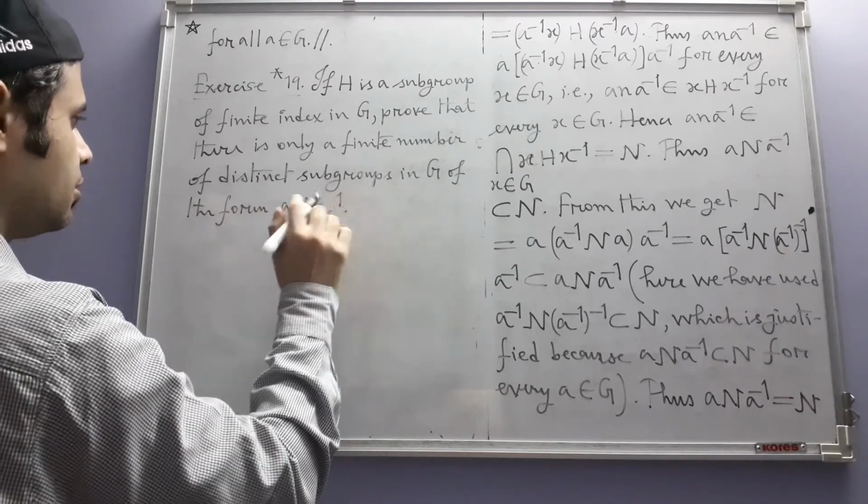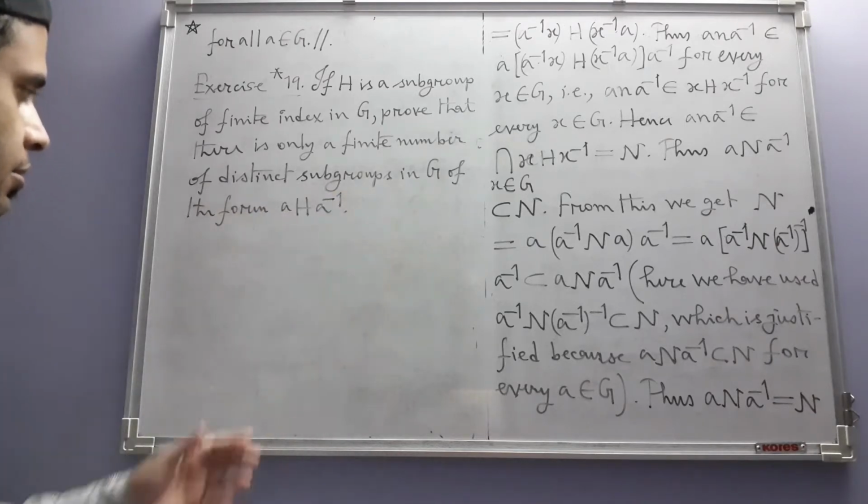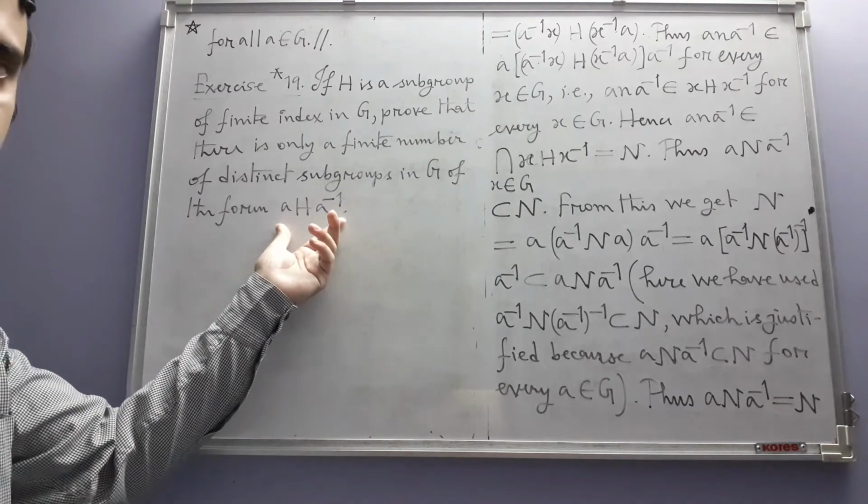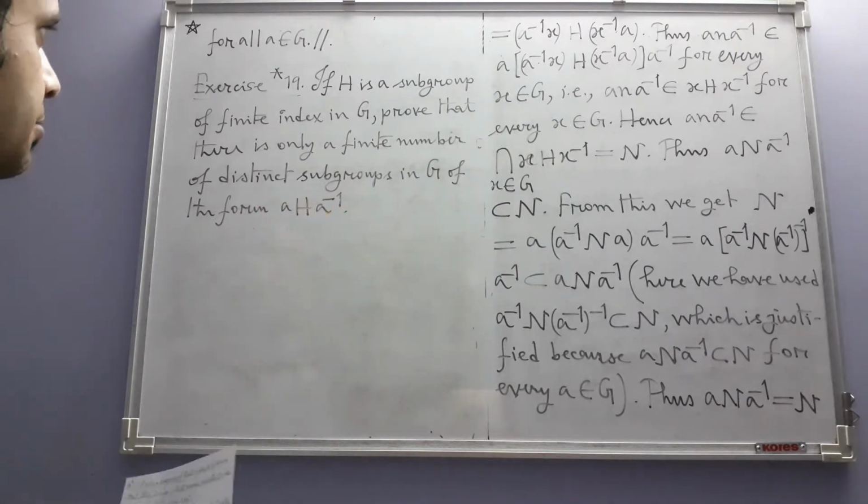Okay, so if H is of finite index, then the number of distinct subgroups of this form is also finite.